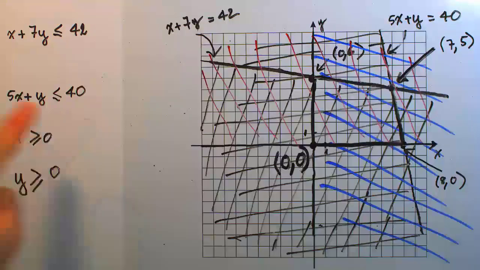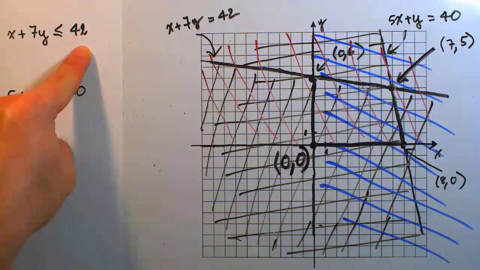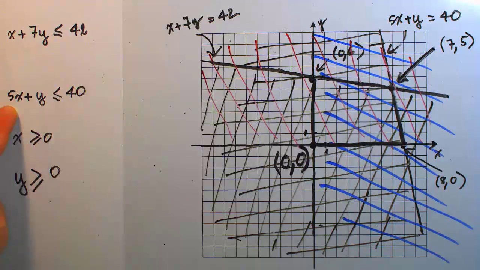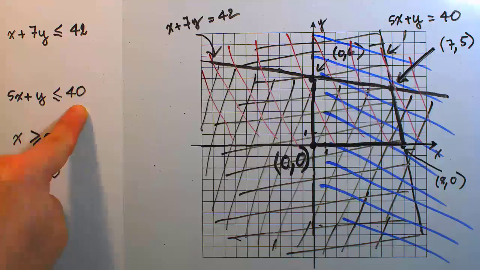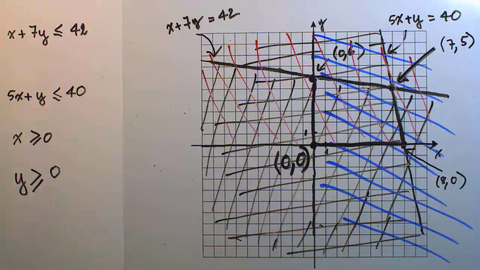This region right here is, in other words, the graphed solution of the system of 4 linear inequalities of 2 variables. So x plus 7y less than or equal to 42, and simultaneously 5x plus y less than or equal to 40, and also x greater than or equal to 0 and y greater than or equal to 0 as well.